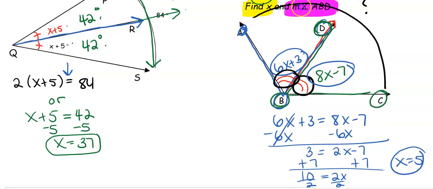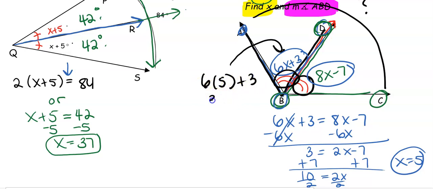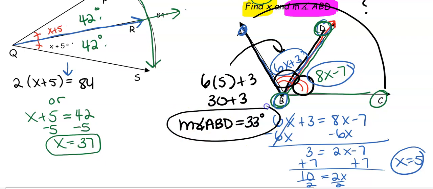A lot of times we're asking you to solve for x and then plug it in to find a missing angle measure. And all that means is we're going to take that x and substitute it right in here to find angle ABD. So that becomes 6 times 5 plus 3, 30 plus 3. The measure of angle ABD is 33 degrees.